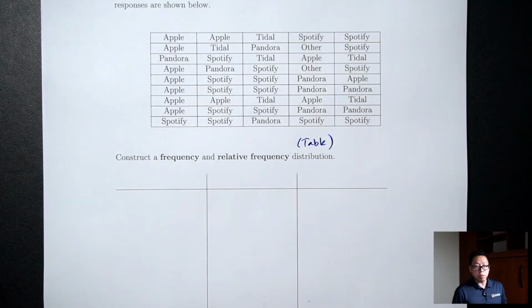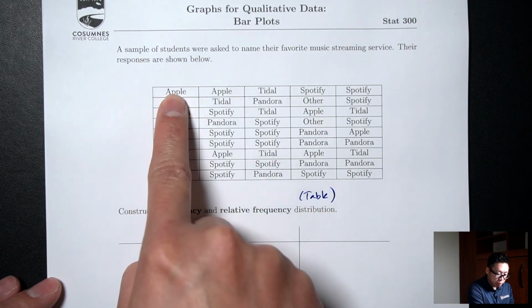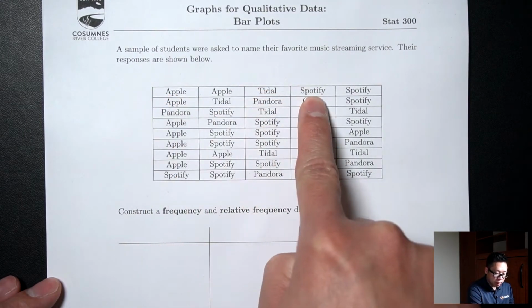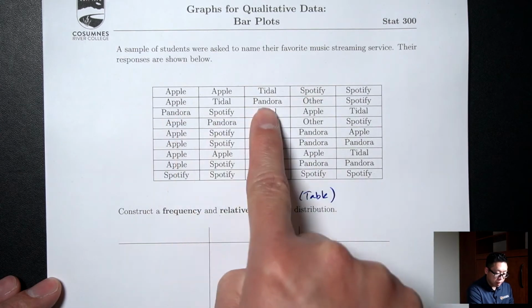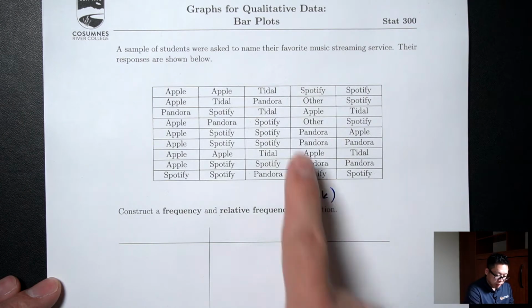And the first thing I need to do is list out all the possible data values that are in my data set. So if I look at my data set, I see some Apples, Tidal, Spotify, what else? Pandora, other, anything else? I think that's all.